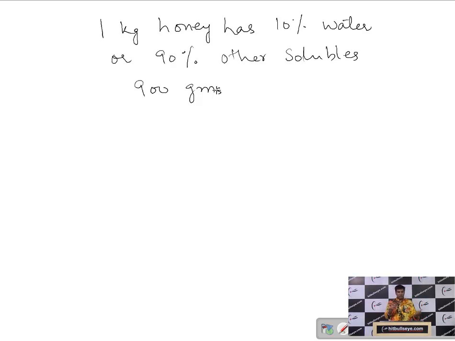Now we know that 70% water was included in the nectar part. So 70% water was included, that means 30% of other solubles were present in the nectar.